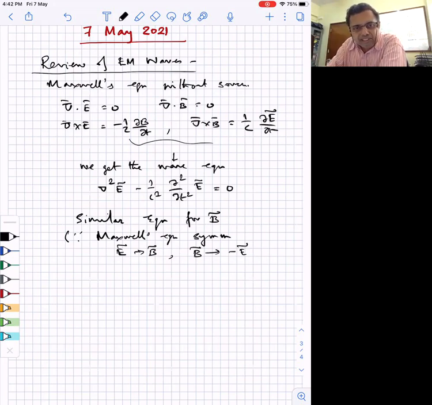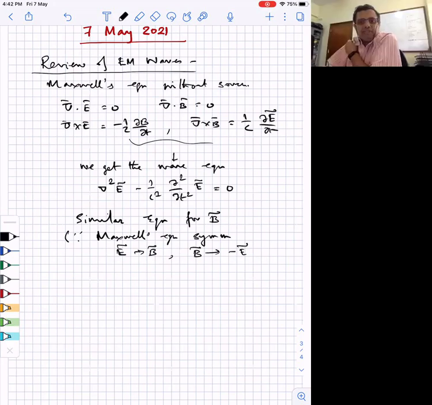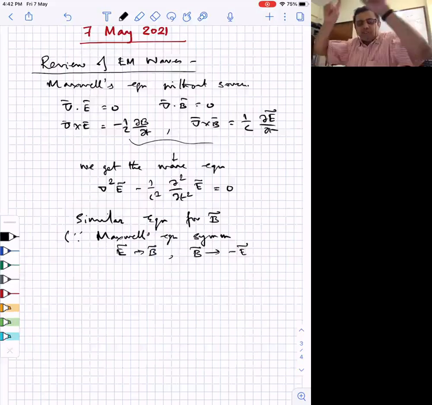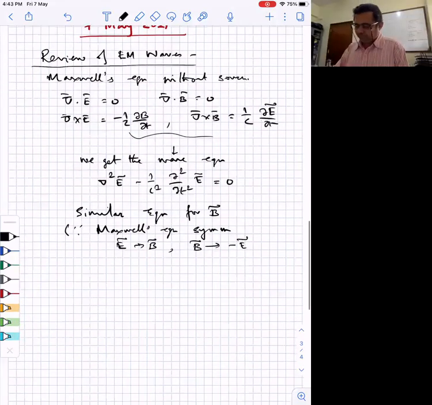You cannot just change E to B without changing B to minus E. Both these things have to be changed. Okay, so the symmetry remains when both things are changed. One change is not enough. These two together give you the symmetry. You think of the four Maxwell's equations together, you cannot just change one of them.